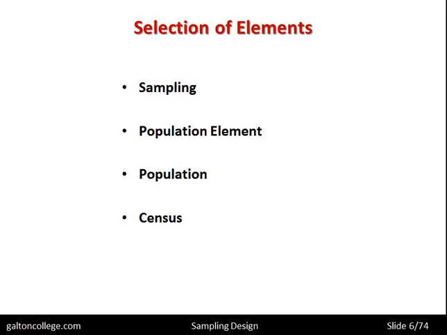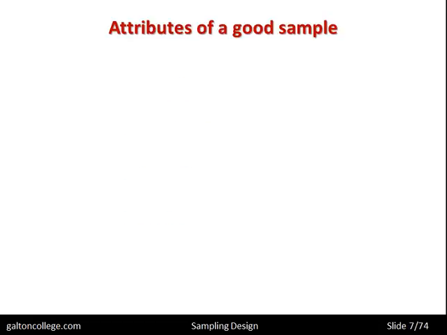Now let's look at the attributes of a good sample. Well, first of all, it should be accurate. In other words, the results of the sample, let's say the average of the sample, should correspond to the average of the population. Generally speaking, we don't have confidence enough to say that one is precisely the same as the other.